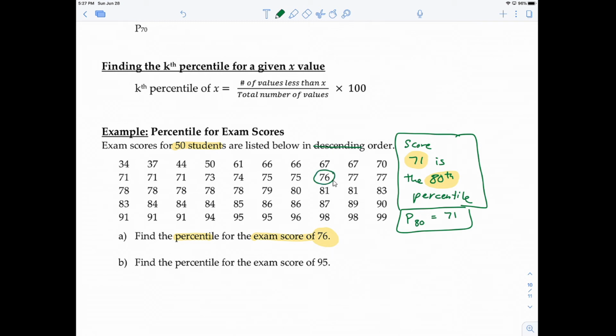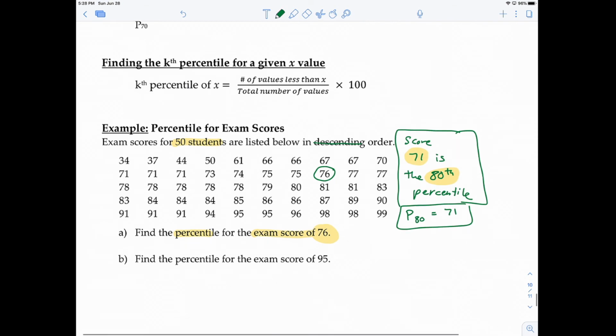Is it the 50th percentile? Is it the 20th percentile? If you're trying to find the percentile, then you want to use this formula.